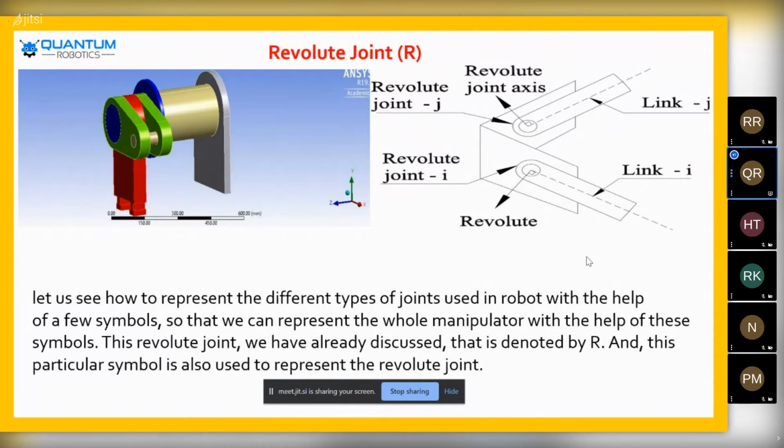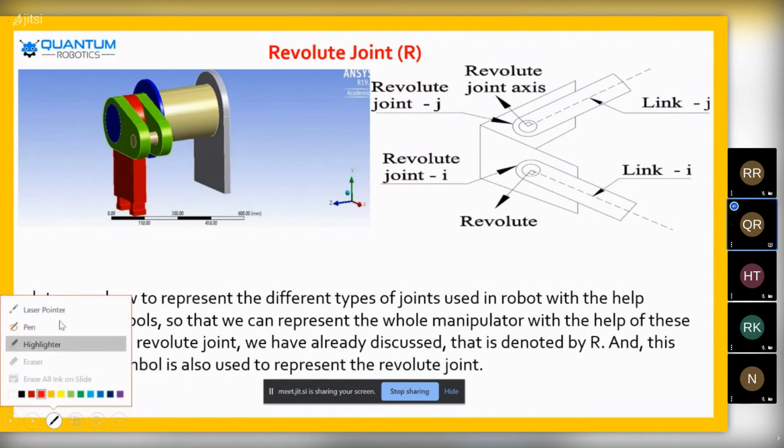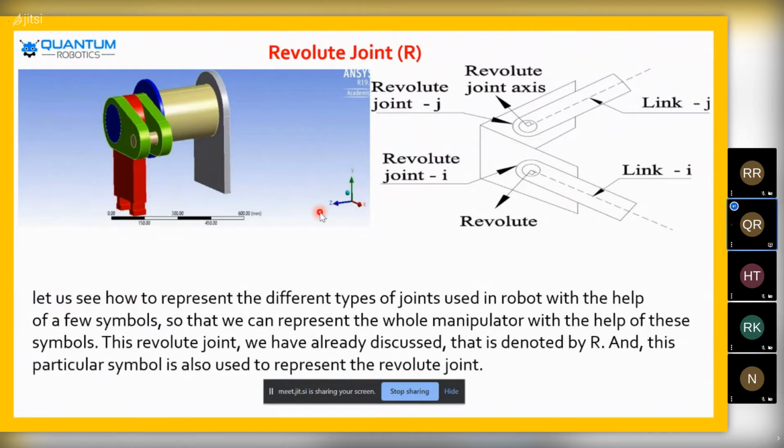It can act about three types of axes, since we know that three axes, x, y and z, are added when we work within 3D. This was the representation of the angle of rotation of the joint.